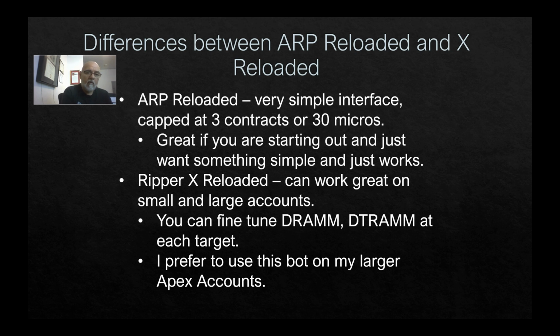So much more customizable. You can really tweak it. It works great on small and large accounts. That's the big difference between the two. Do I recommend one over the other? Not really. I think it's more of how you want to trade and what your profit goals are. That will determine which automation is best for you. Either one's great. If you get either one, you're going to be in great shape.